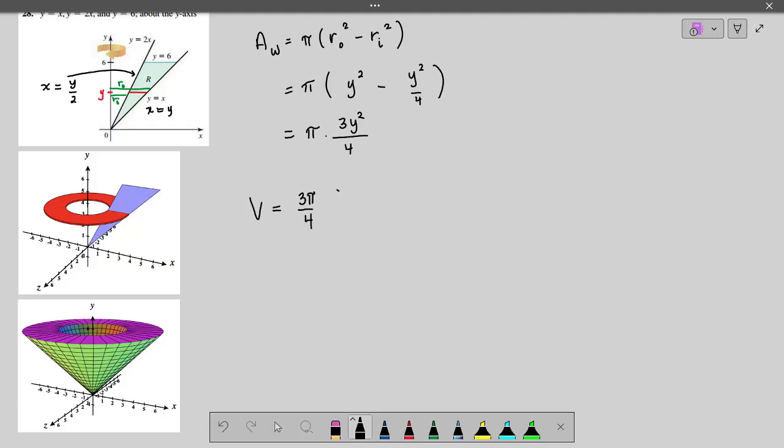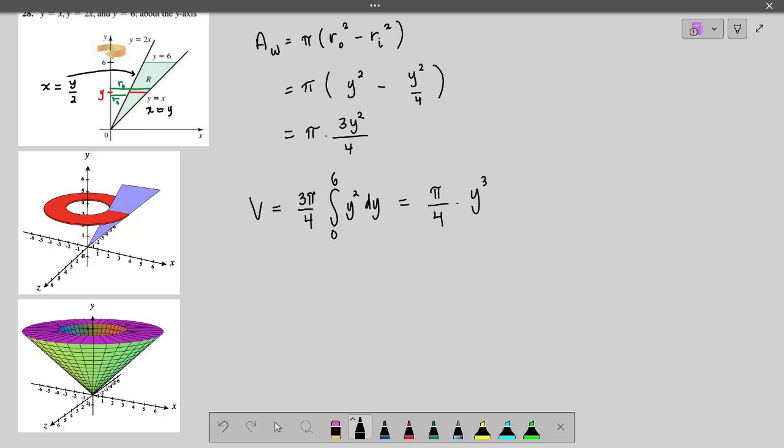4. And we're integrating the function y squared on the interval that was given, 0 to 6. The integration technique is the power rule. So we will add 1 to the exponent, divide by the new exponent.